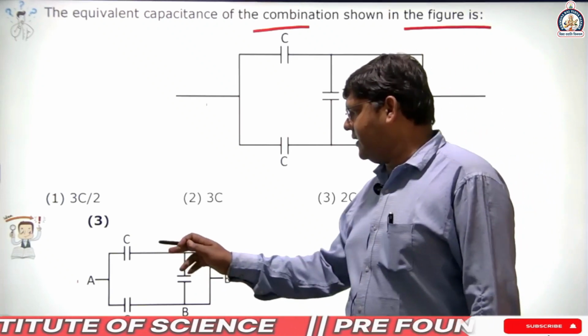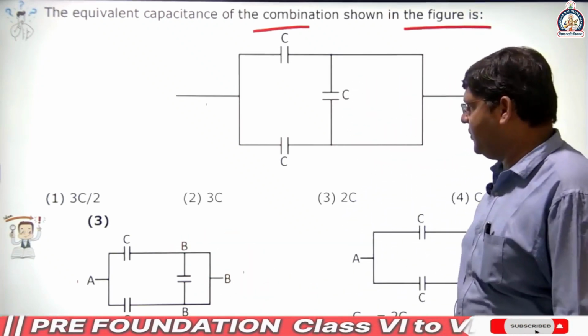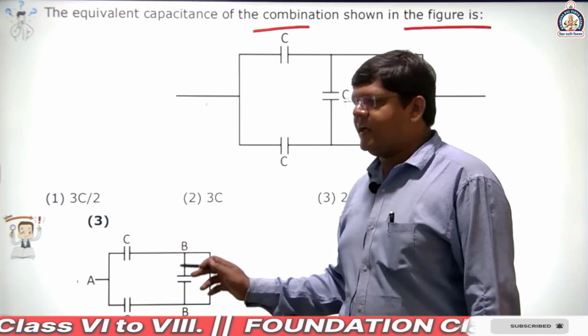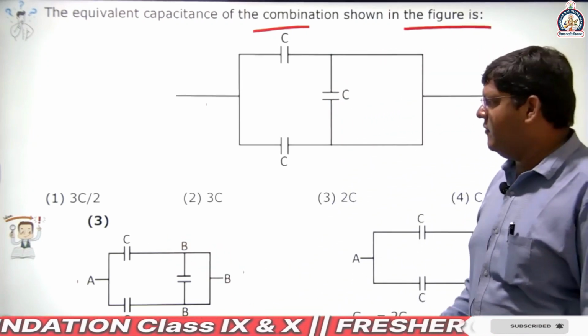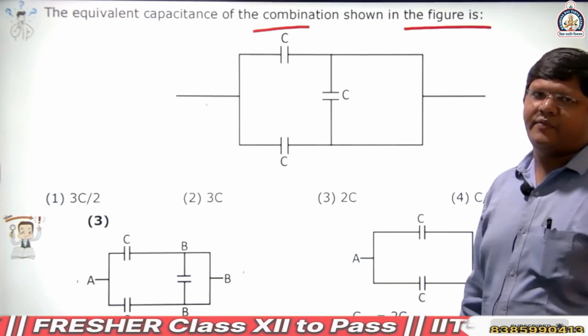Now, according to the relation, these two capacitances are in parallel. When capacitors are in parallel combination, they add up directly.